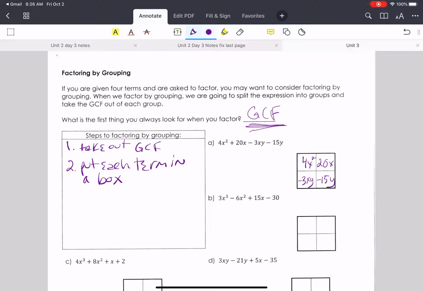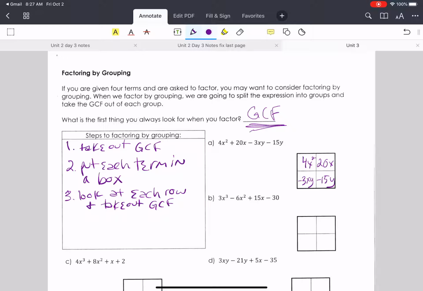Okay. All right. So now step 3, once I've put everything in the box, is I'm going to look at each row and take out GCF.